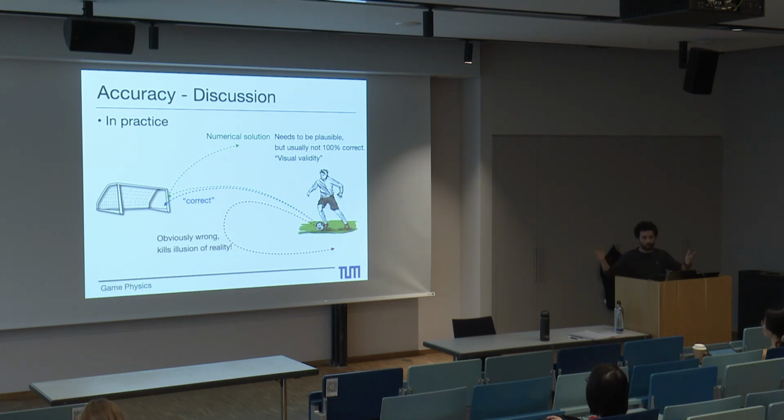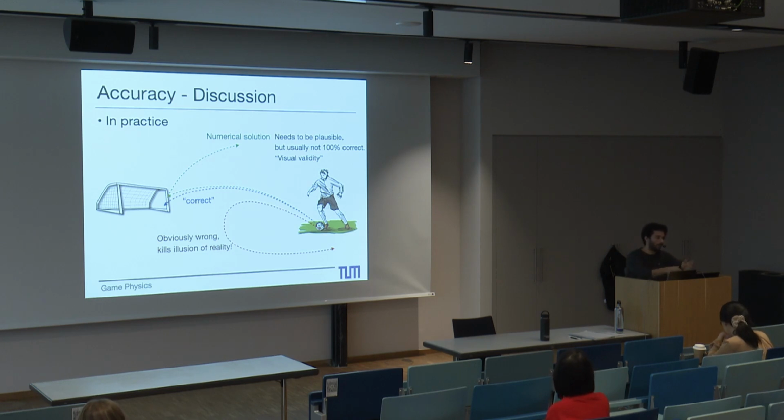So again, the trade-off here is accuracy versus computational cost. Make sure that you do things in a way that is accurate enough for things to look sensible, but of course keep in mind that more accuracy always comes at the cost of a higher computational cost.